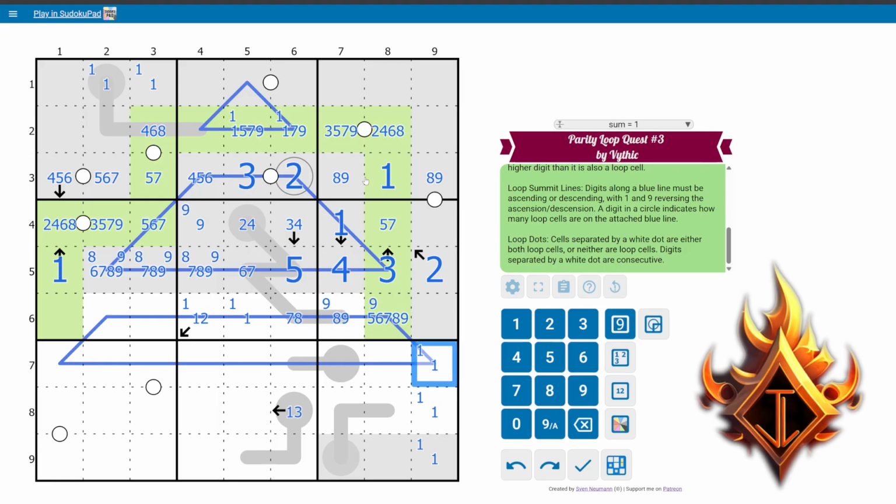If 1 goes here, we're going back up, which would work for... Ah, is that the point? That is a point. One of these we know are 9. So if we don't hit 1, then we're not going back up to this thermometer. So that is 1. Now the thermometer works.